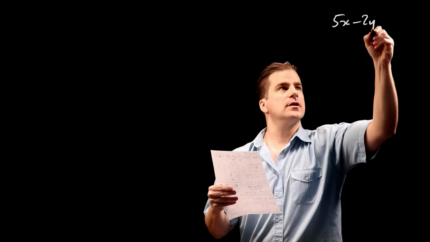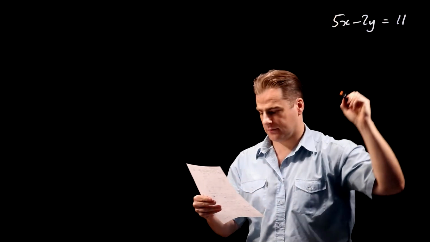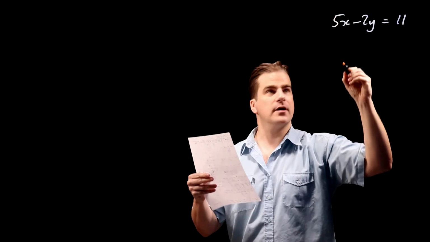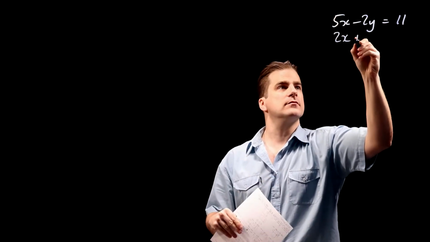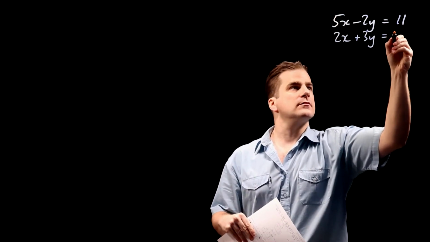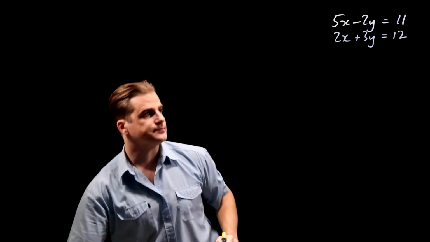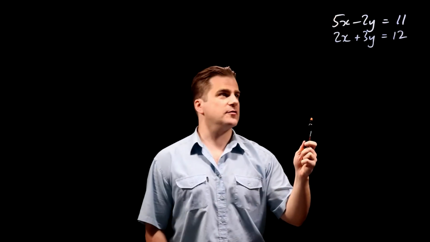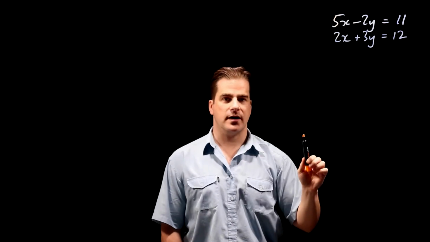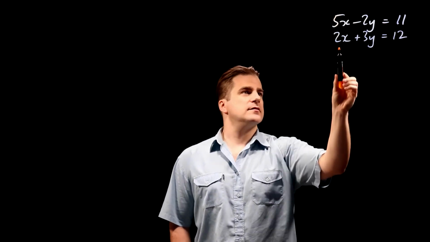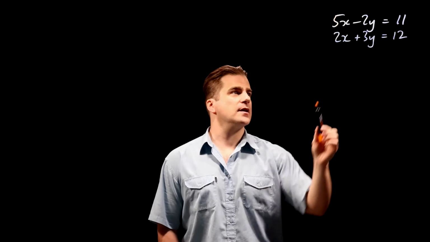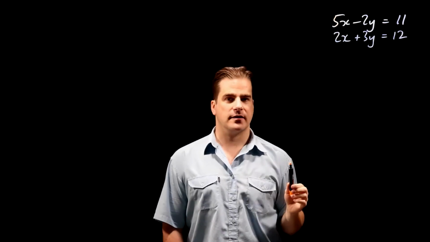5x minus 2y equals 11 and 2x plus 3y equals 12. Right, so same thing as before, pick on the x's or the y's and eliminate them. So let's pick on the x's. 5x and 2x.